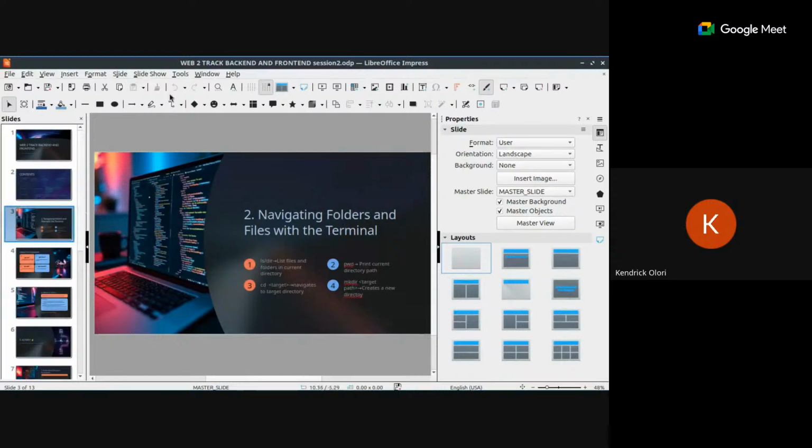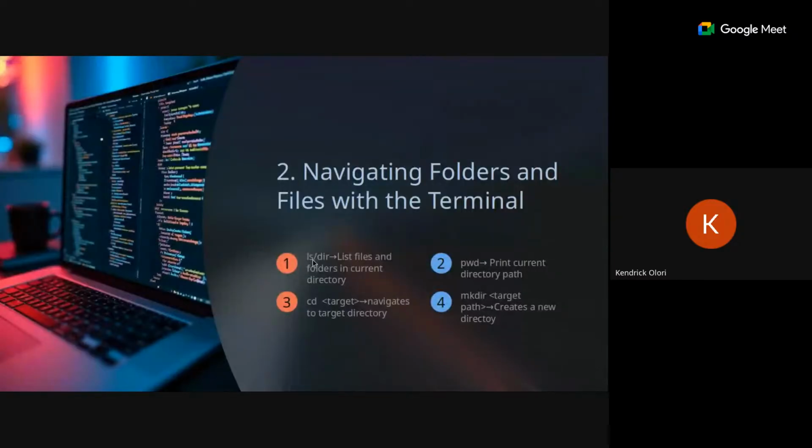We have ls to list the files in the current directory. We have pwd, which will print what directory you are currently in. We have cd, which will help you change your directory. And we have mkdir, which helps you create a new directory.